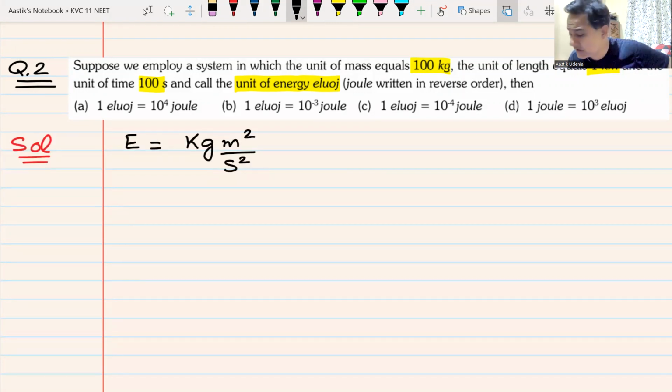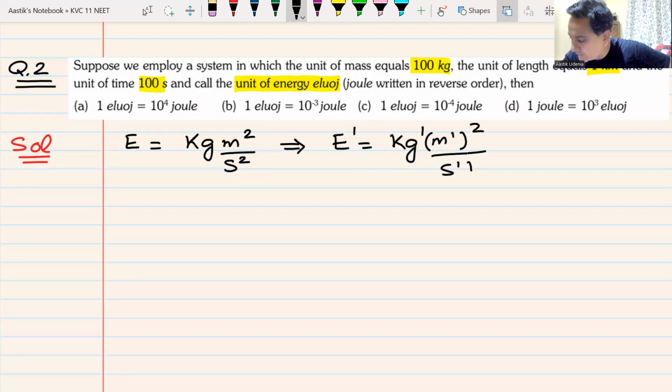That is the original unit of energy. Yes or no? That tells me that the new unit of energy E dash will be equal to kg dash meter dash square divided by second dash square. As simple as this.